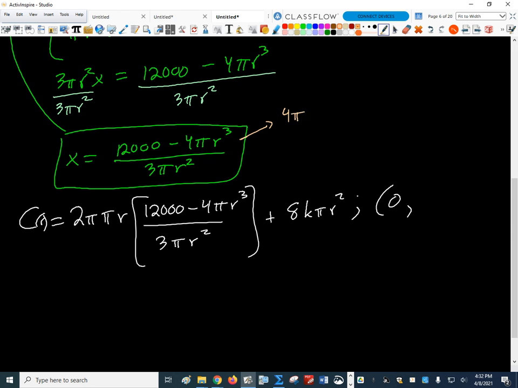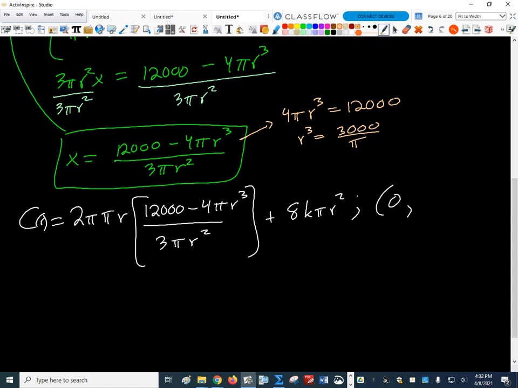So we get 4 pi r cubed equals 12,000. And so if we divide each side through by 4 pi, we get r cubed equals 3,000 over pi.